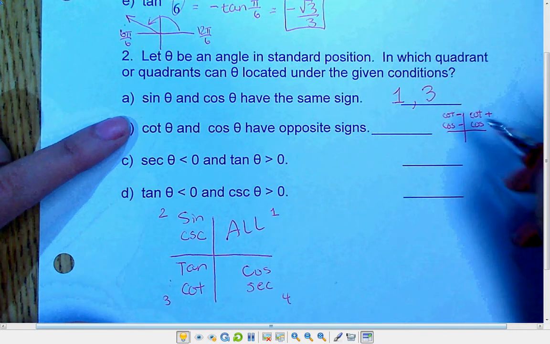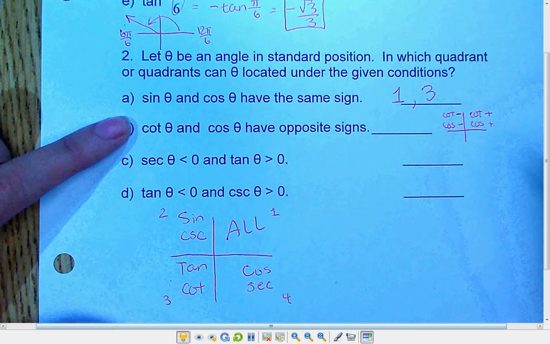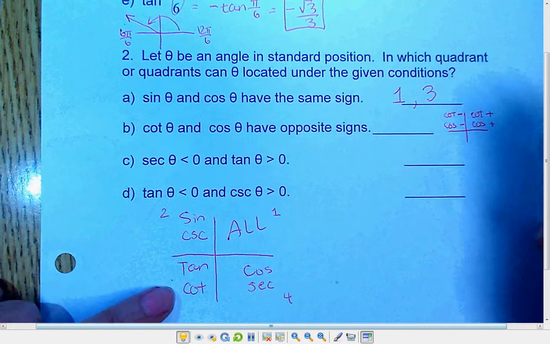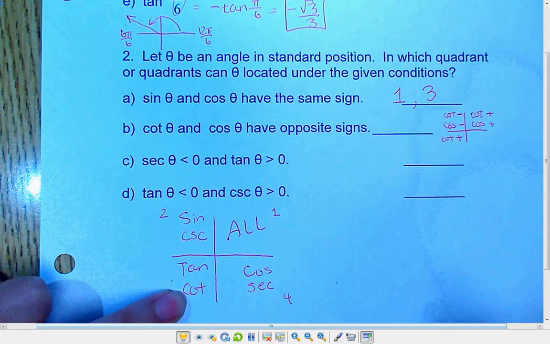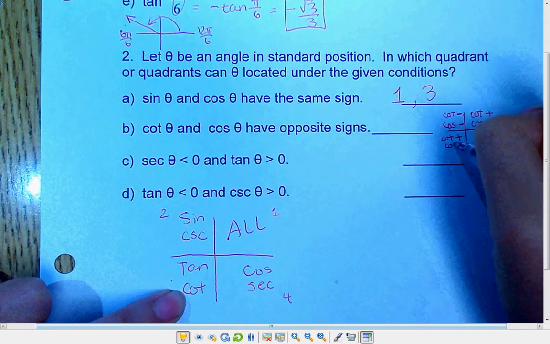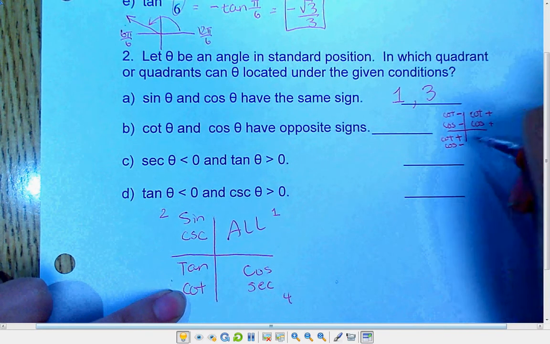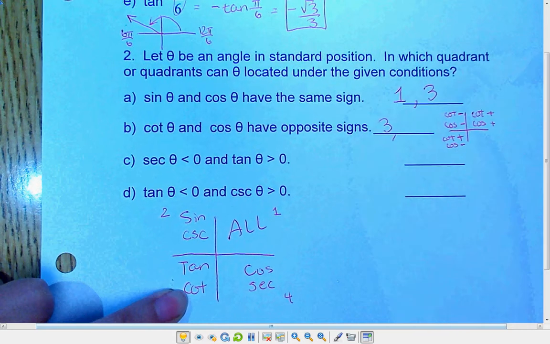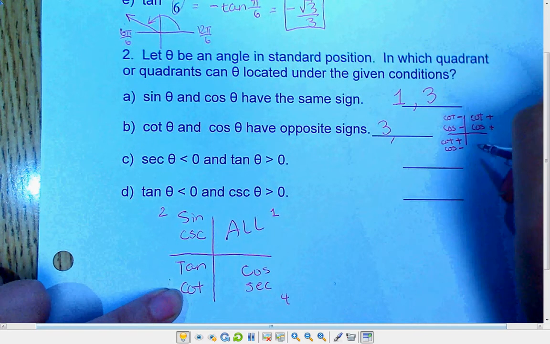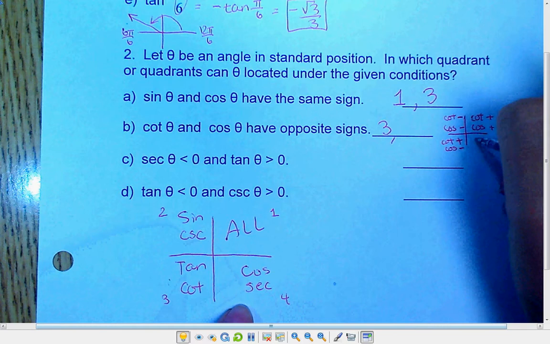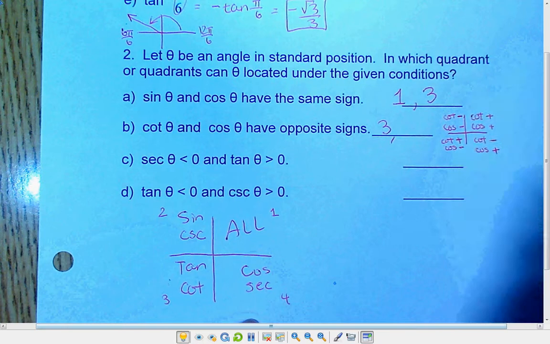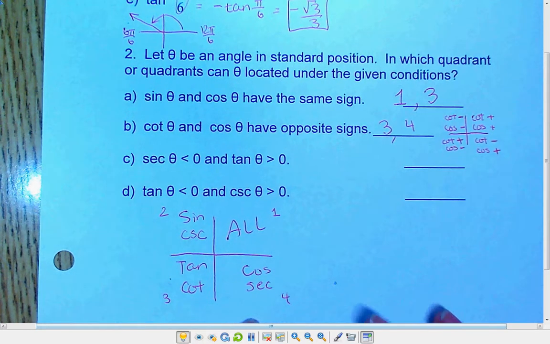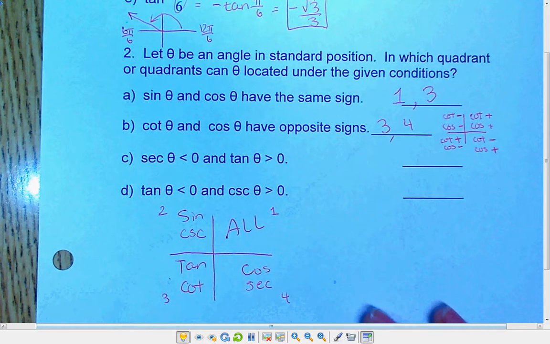So again, they don't have opposite signs. In the third quadrant, cotangent is positive and cosine is negative, so they do have opposite signs. So in the third quadrant, yes, they have opposite signs. And then in the fourth quadrant, cotangent is negative because it's not here, and cosine is positive. So again, they have opposite signs, which means 3 and 4 are the answer for part B.